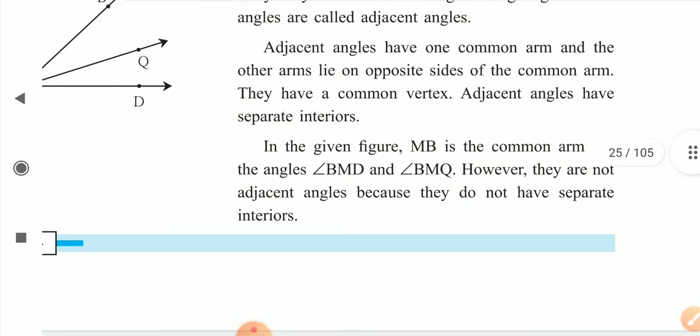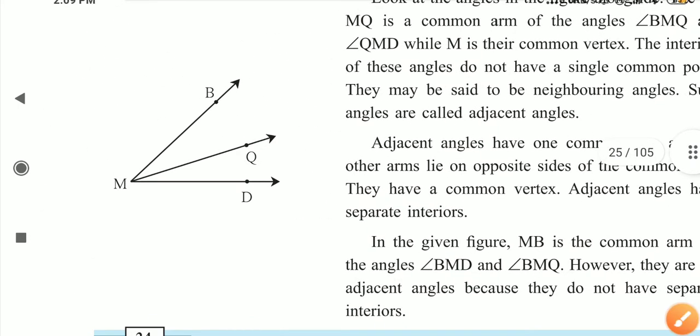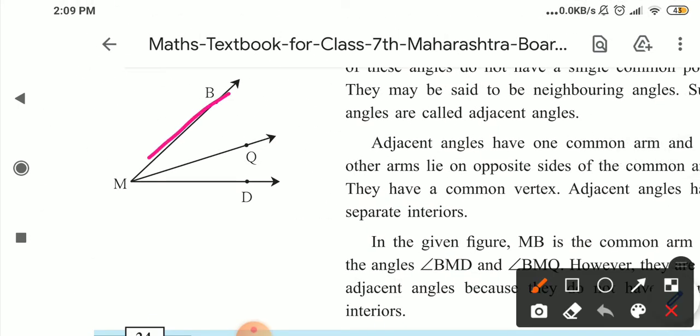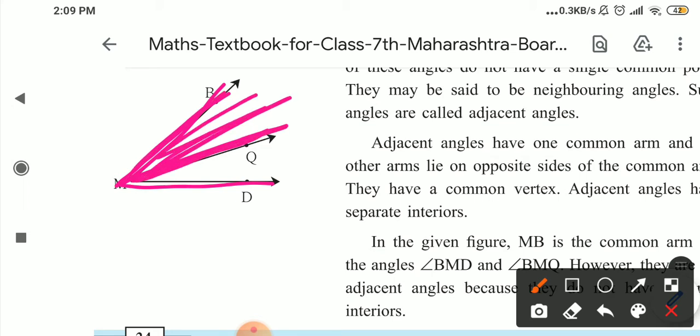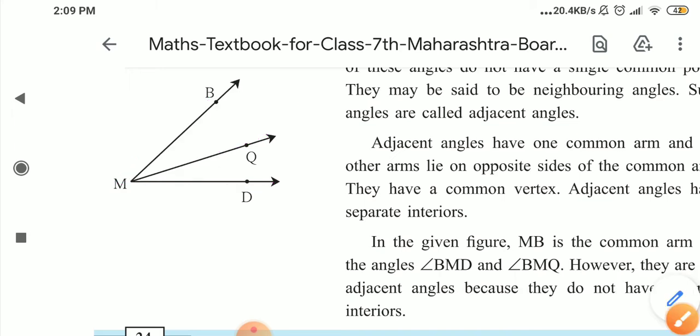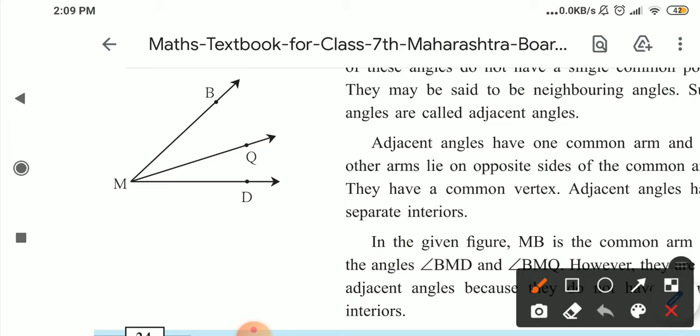Okay, what they told you, BMD and BMQ. The question arises why BMD and BMQ are not adjacent angles. Because angle BMQ acquires a part of the interior of BMD, and the definition of adjacent angles is that nothing is common in the interior between these two angles.